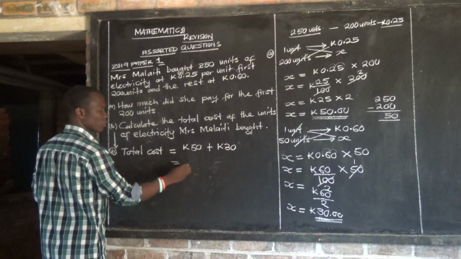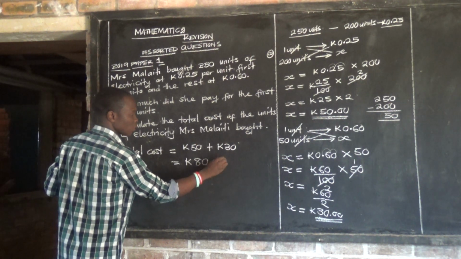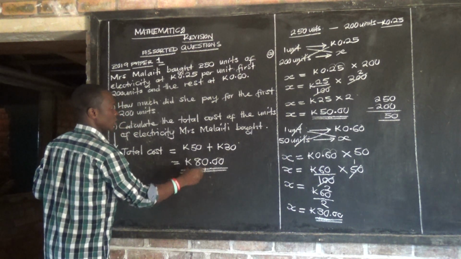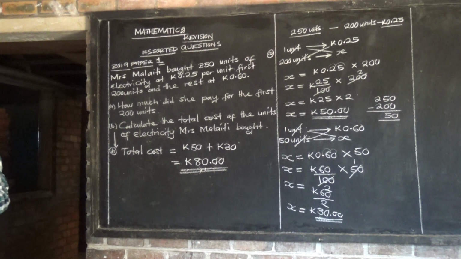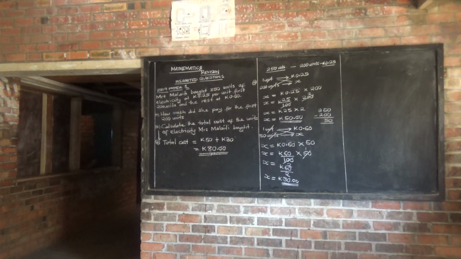When you add these, you get 80. So this is the total cost. As simple as that. Unless there are some questions.